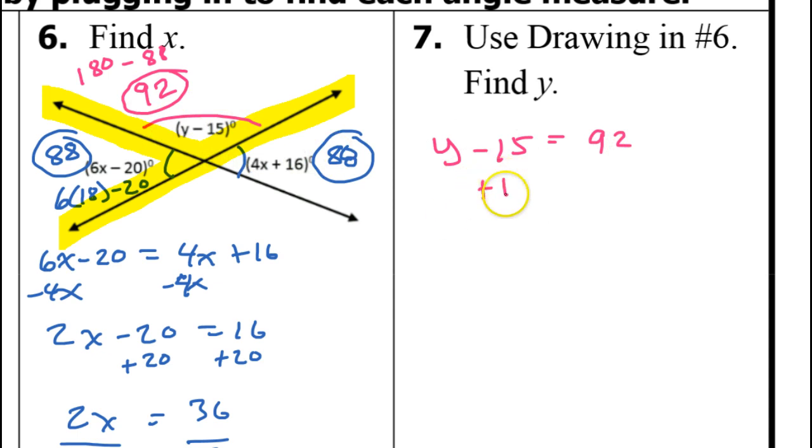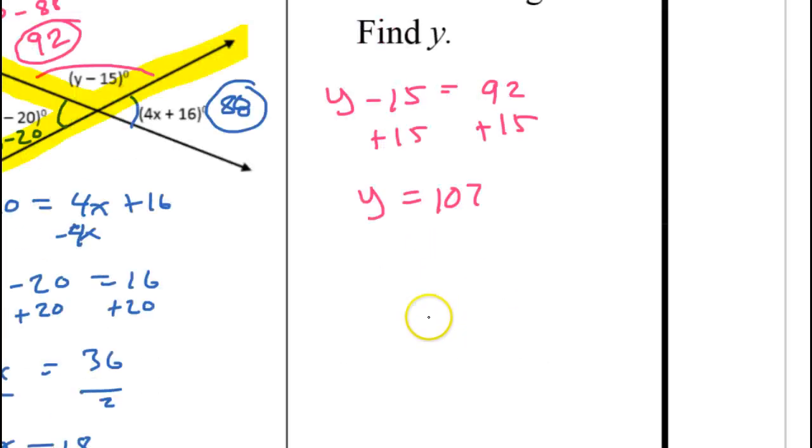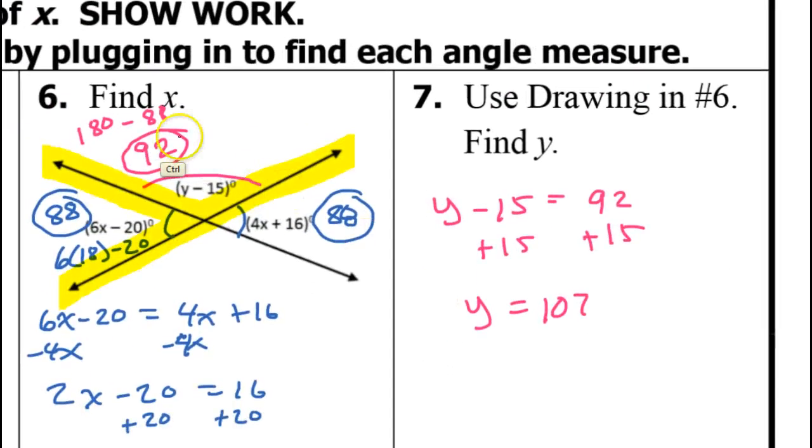And as you saw in the previous problem, I add 15 and I get y is equal to 107. So y is equal to 107. And so I've got 92, and the other angle we already know is 88.